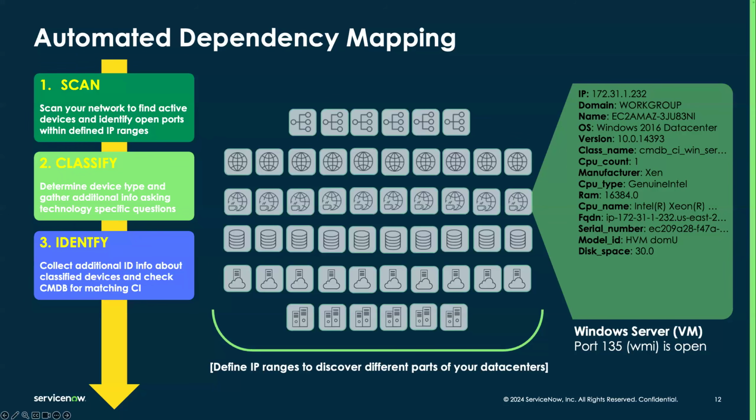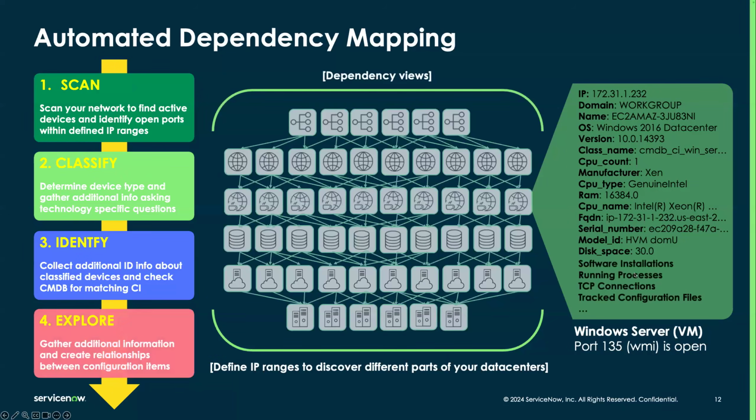Identifiers, also known as identification rules, will then specify the attributes that the probes look at when reconciling data with the CIs in the CMDB. If you're using patterns, Discovery uses the appropriate identification rule for the CI type specified in that very same pattern. And then we have the last phase.